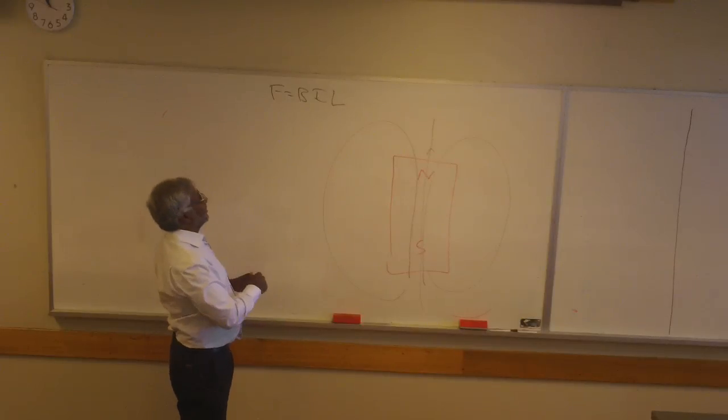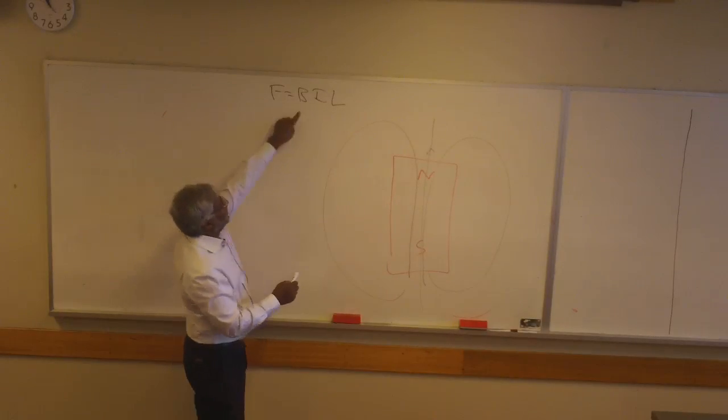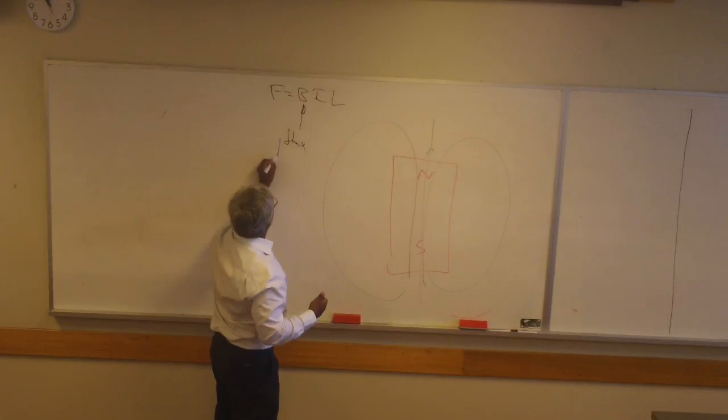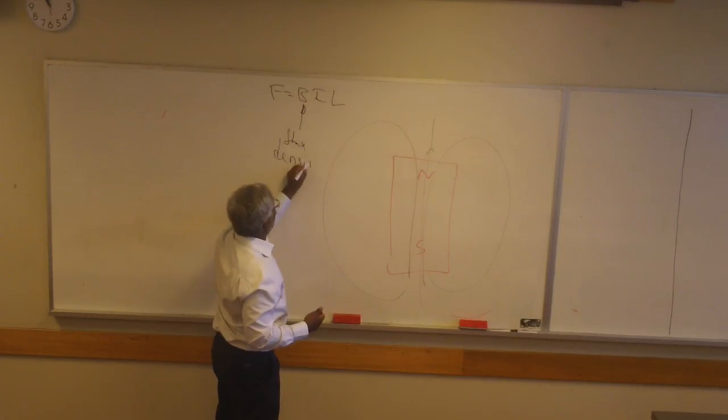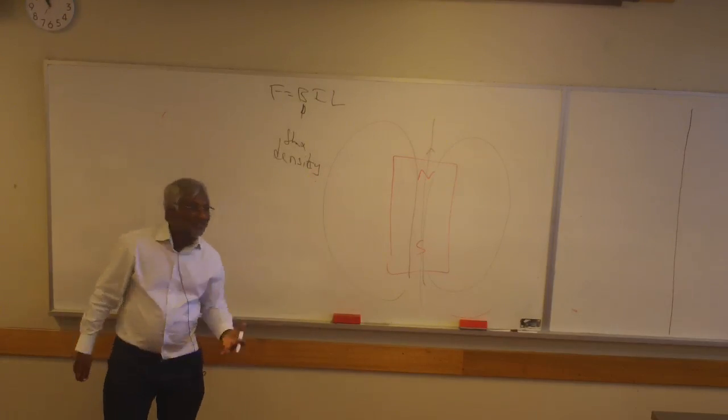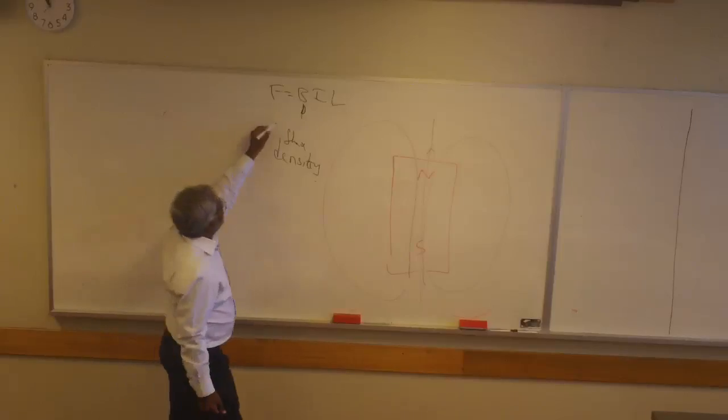Anyway, that's flux density, magnetic flux density if you want to be precise, because there is such a thing as electric flux density as well, so it's really magnetic flux density.